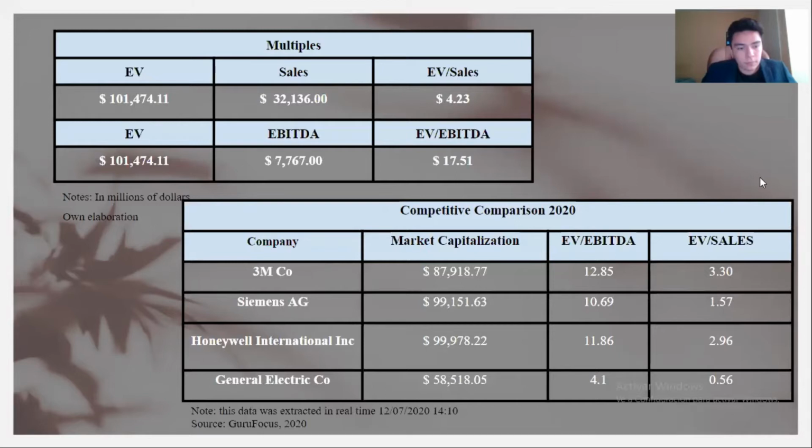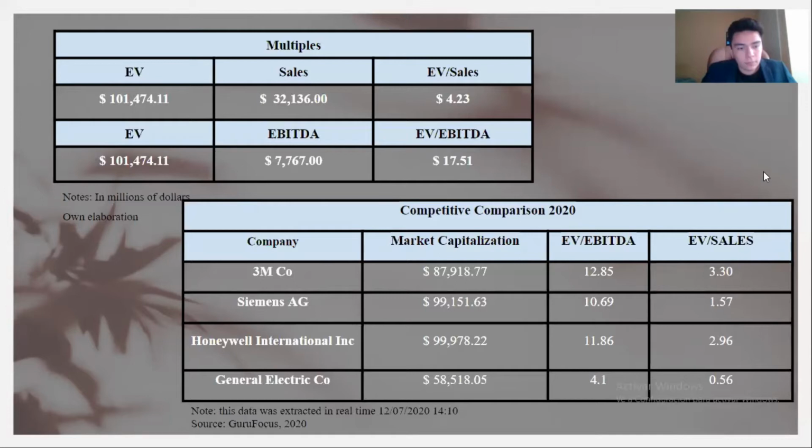In particular, the enterprise value to sales normally fluctuates between 1 to 5. The result in 2018 to 2020 of 3M, there was a decrease, and now there is an increase of sales due to COVID-19, and investors see it as an opportunity to buy shares to receive a capital gain in the future by selling them.